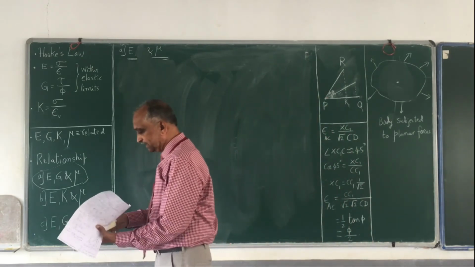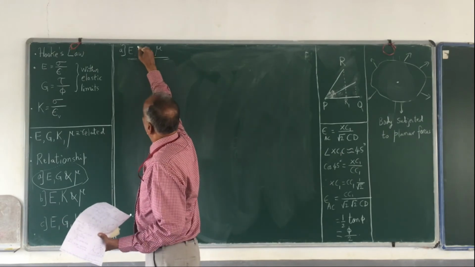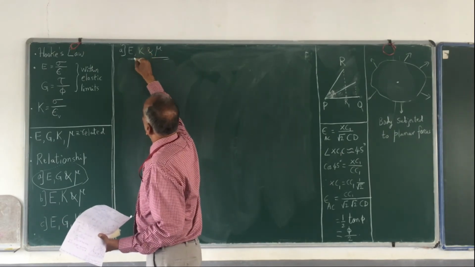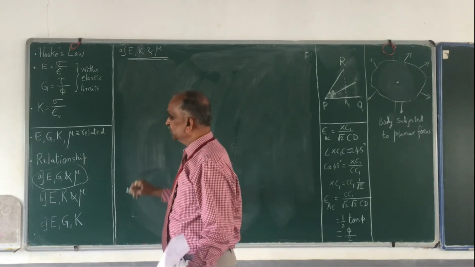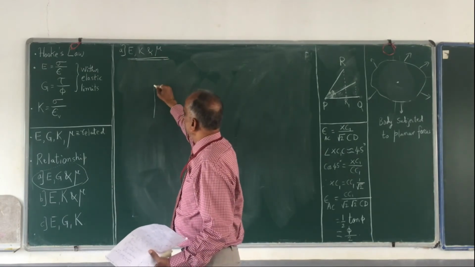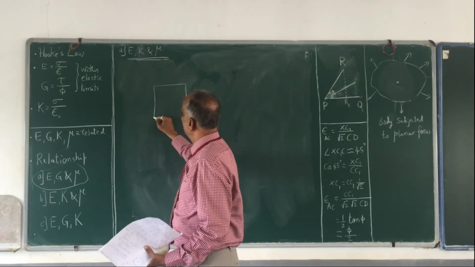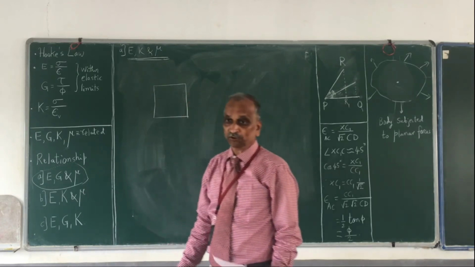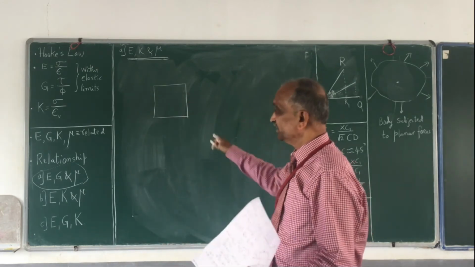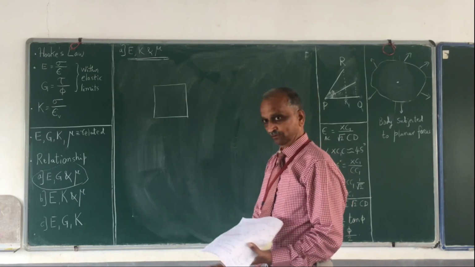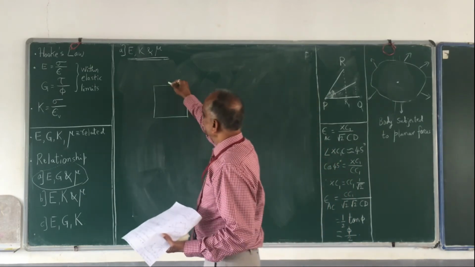How do we find out the bulk modulus of a material? I take a cube. This is a solid cube made of the material whose bulk modulus I want to find out.